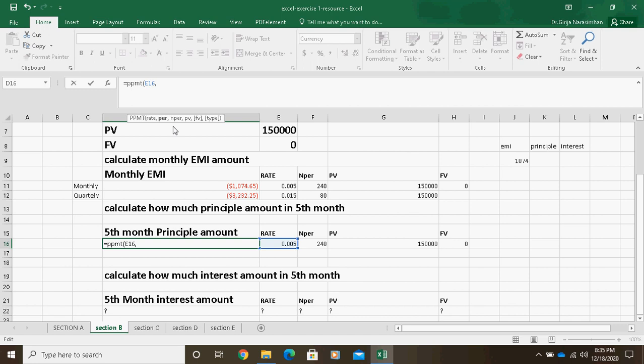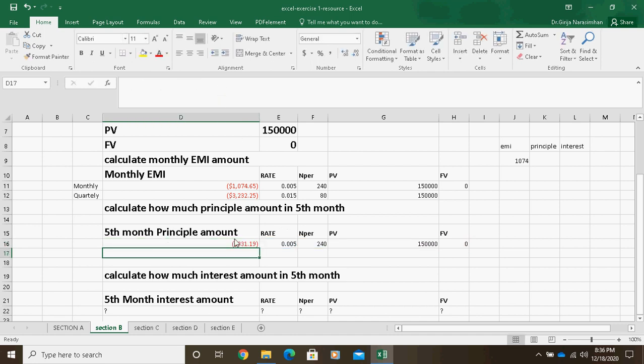PER means which particular month you are asking. I am asking for the 5th month, so 5. If it is the 3rd month, you type 3. That's why I am typing 5 here. And then NPR as usual, and then PV, the principal value. This is my final value.